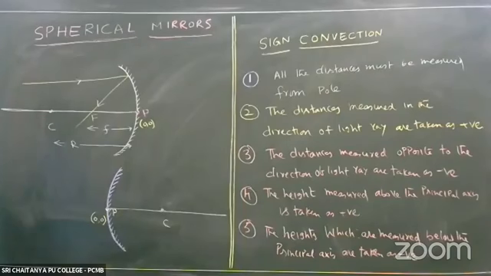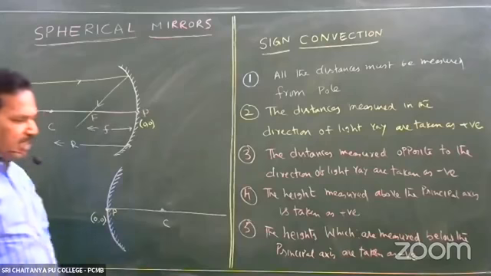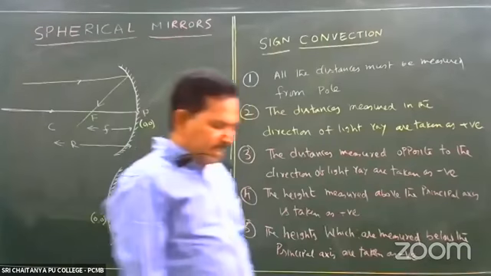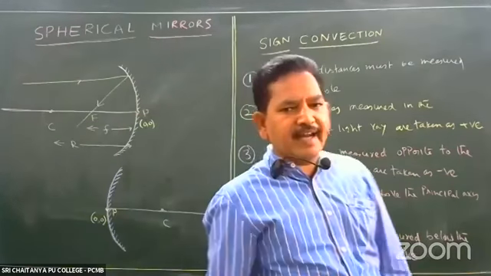Third, the distances measured opposite to the direction of light ray are taken as negative. The heights measured above the principal axis are taken as positive. The heights which are measured below the principal axis are taken as negative.